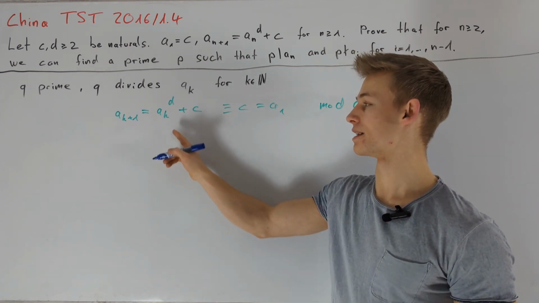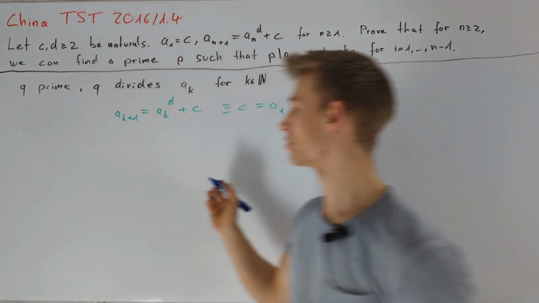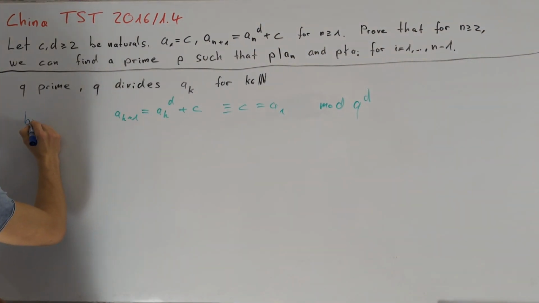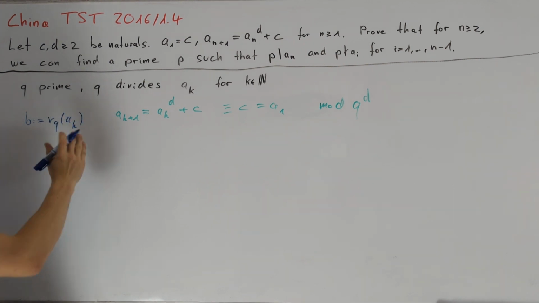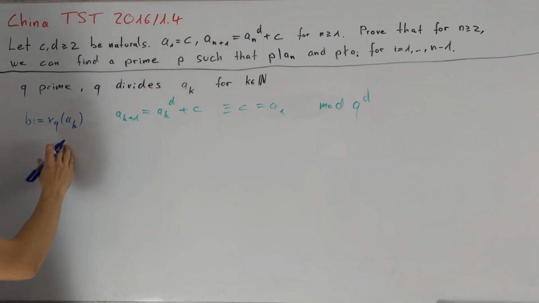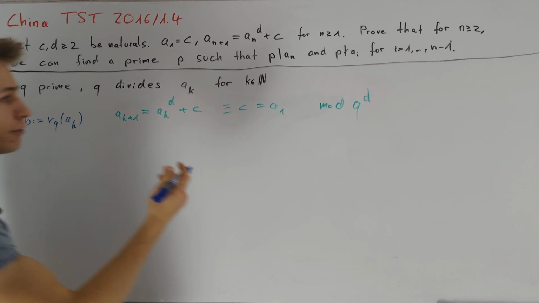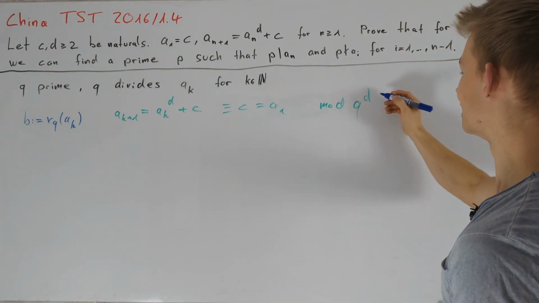But if q divides a_k more than once, we can get a better result here. Thus, I want to define b to be the number of times q divides a_k, so b should be mu_q of a_k. This implies that a_k to the power of d is divisible by q b times d times. Therefore, this equation here also holds modulo q to the power of d times b.